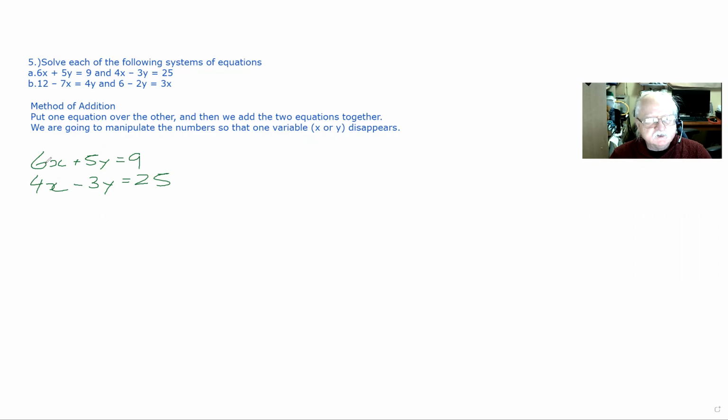But we can see that there's nothing we can multiply the 4 by to make it equal to 6, or the 3 by to make it equal to 5. So we're going to have to multiply both of these equations by something. In this case, let's go for a common multiple of 12.